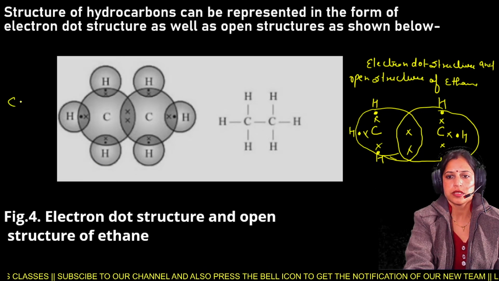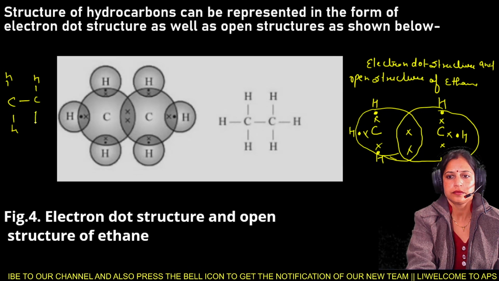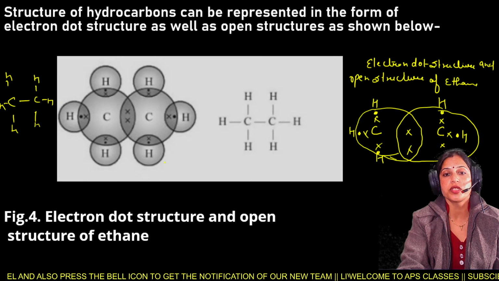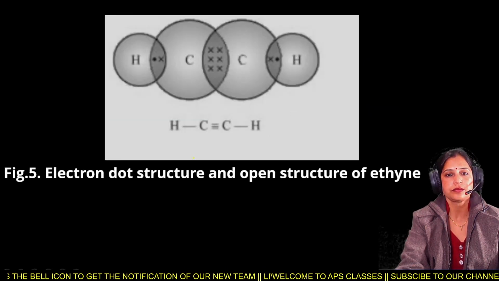So this is the open structure or electron dot structure for ethane.